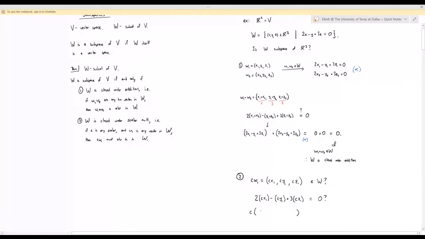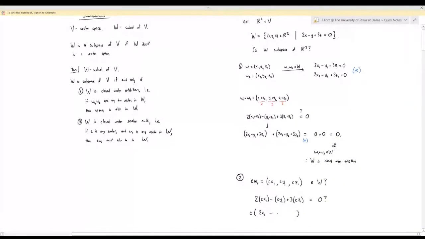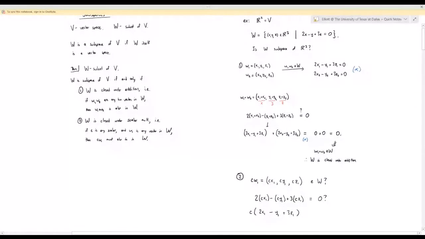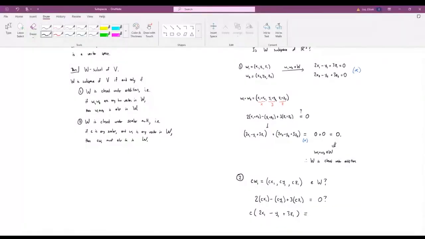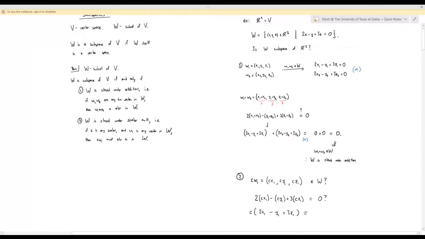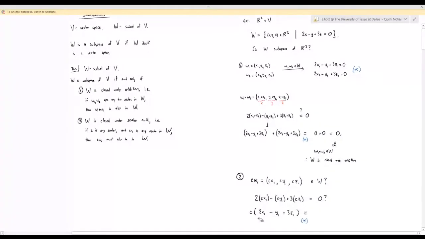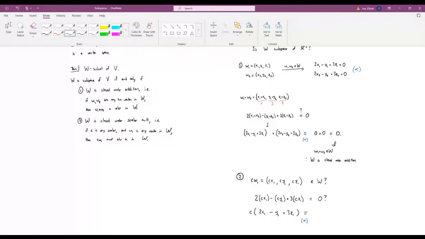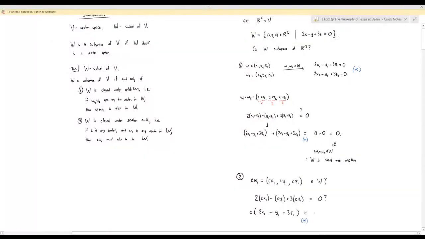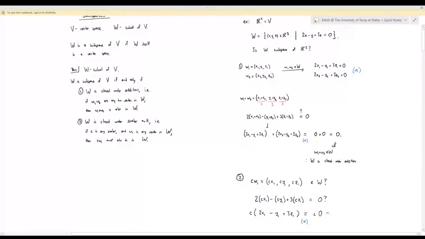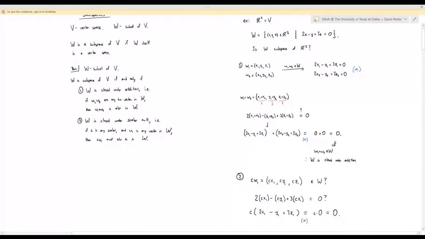That will leave us with 2x1 minus y1 plus 3z1. And using our assumption up here in blue that W1 was a vector in W, this expression in parentheses is equal to 0. So therefore we have C times 0, which of course is equal to 0.